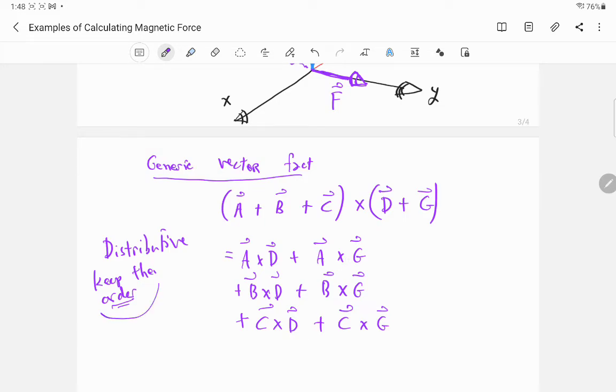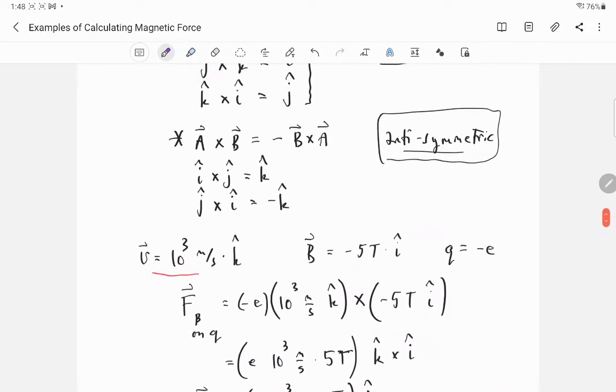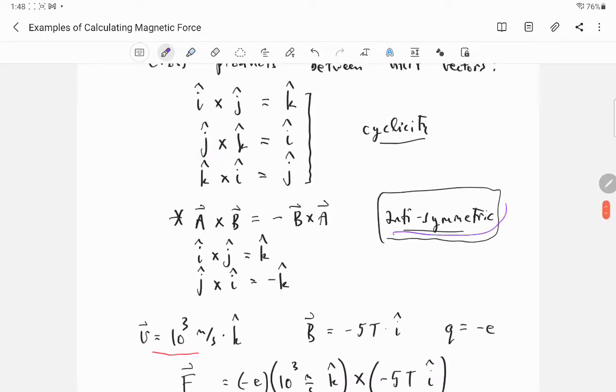The order is important because if you don't keep the order, you start introducing minus signs, and it's because you lost focus, you lost your organization, right? So you got to remain focused, remain organized on your piece of paper you're doing your work on.